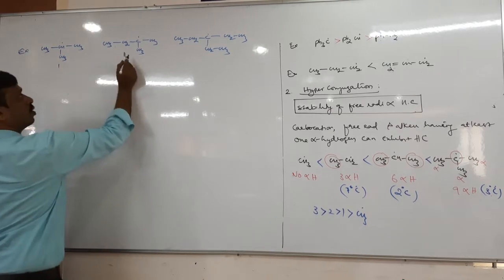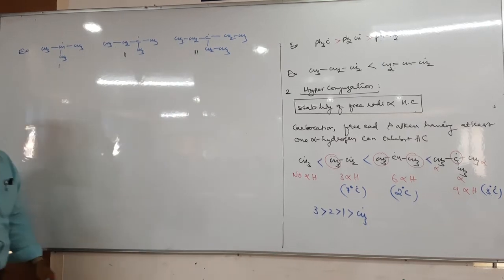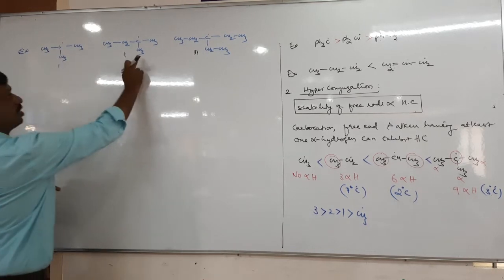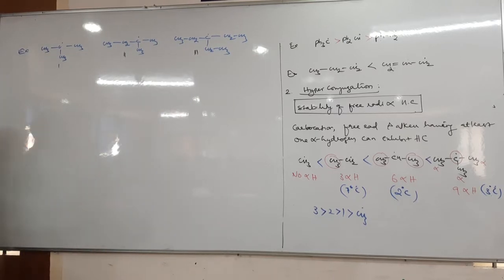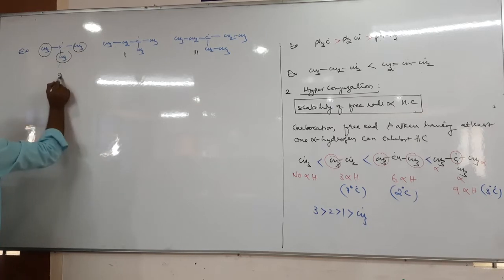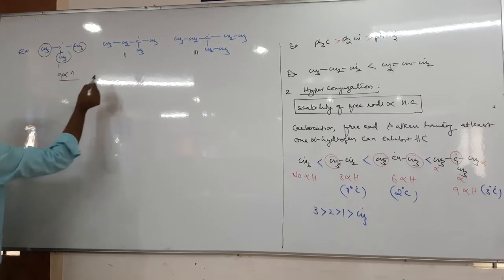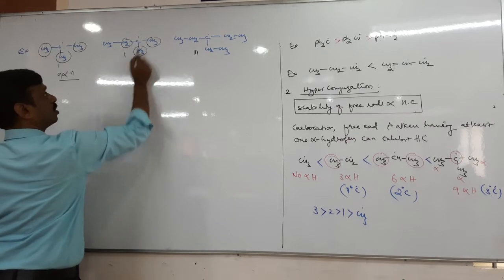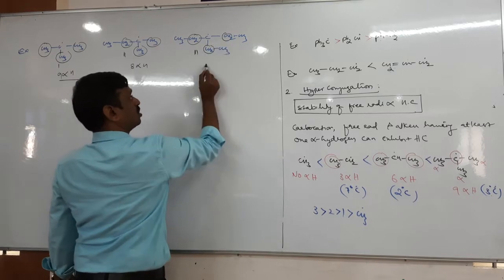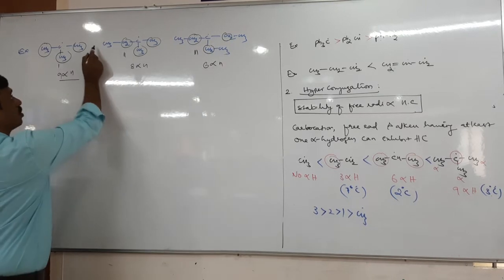All 3 are tertiary free radicals. But which tertiary is most stable? The first one is most stable because there are 9 alpha hydrogens. So remember, 9 alpha hydrogens is always most stable. Here there are 8 alpha hydrogens, here 6 alpha hydrogens.